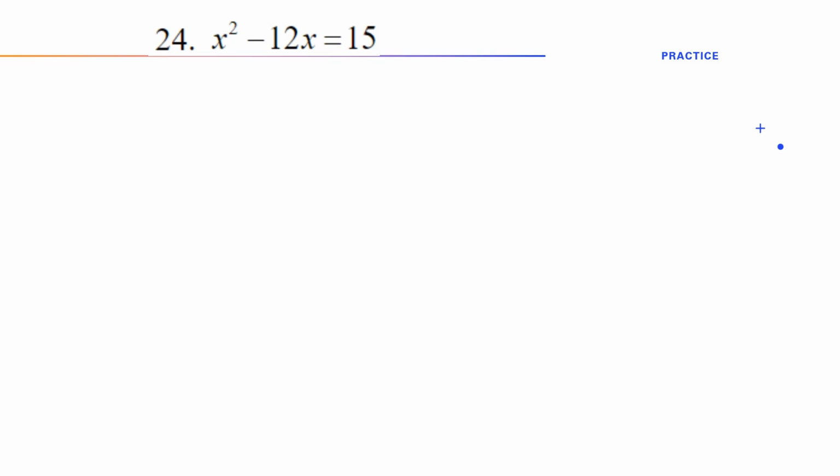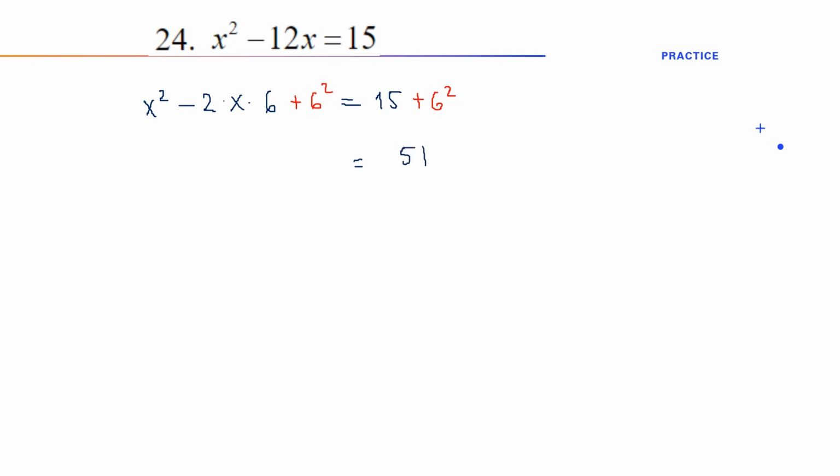Alright, number 24. Now I like to complete the square on this one. Because I see that x squared minus 2 times x times 6 equals 15. Now what is lacking to complete the square is 6 squared. So on the right hand side, that is the numbers 36 and 15, that is 51.